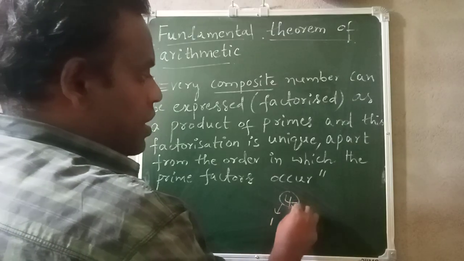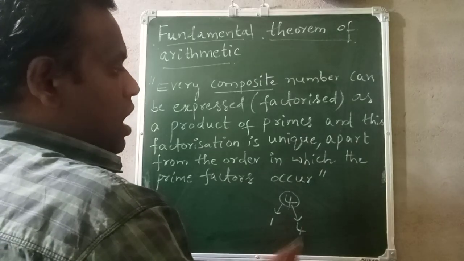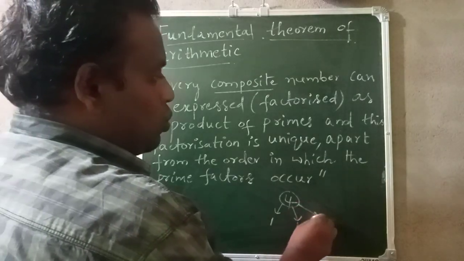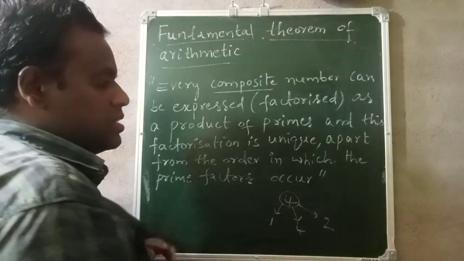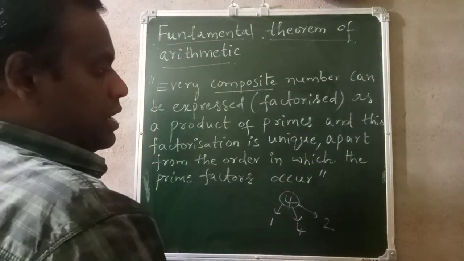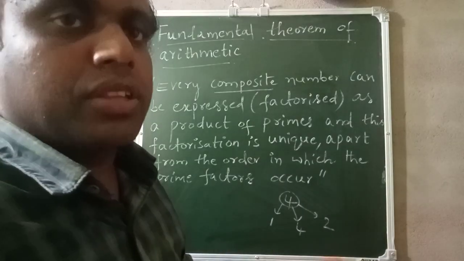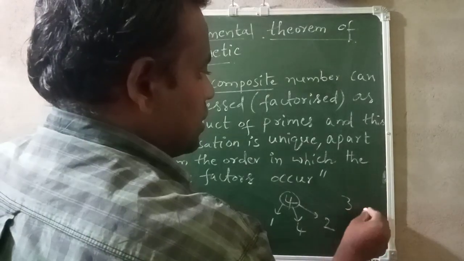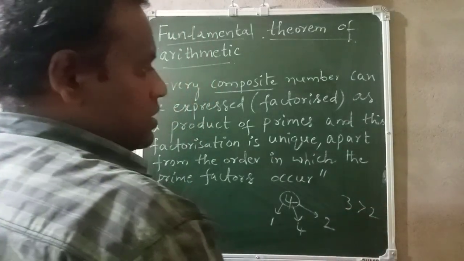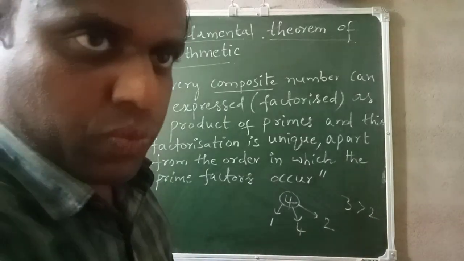And 4 can be divided by 4 completely, correct? And this 4 can be divided by 2 also completely. See, how many factors can divide 4 completely? 3. 1, 2, 3. 3 means more than 2, right? 3 is greater than 2, correct?